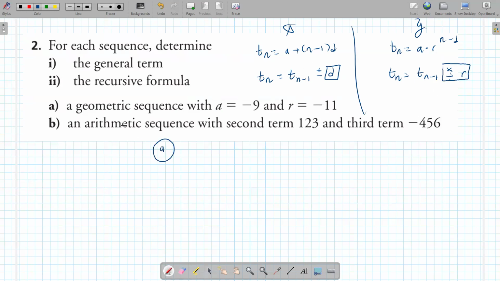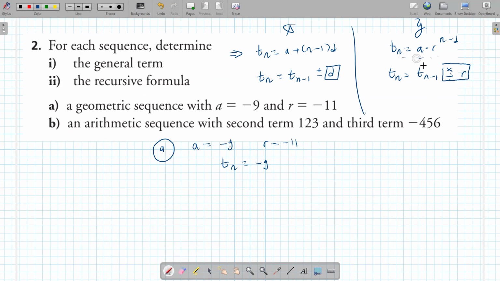So for A, geometric sequence, we have a is -9, r is -11. What is the general term for this? So you just plug it into this formula. A is -9, n we don't know. That's the thing about the general term. It's always going to be in terms of n. That's the wrong formula.